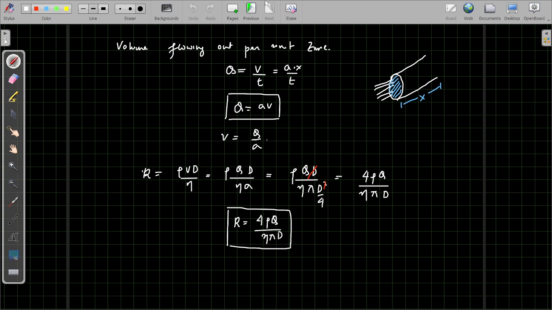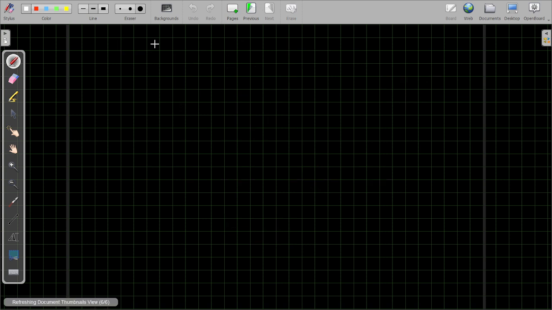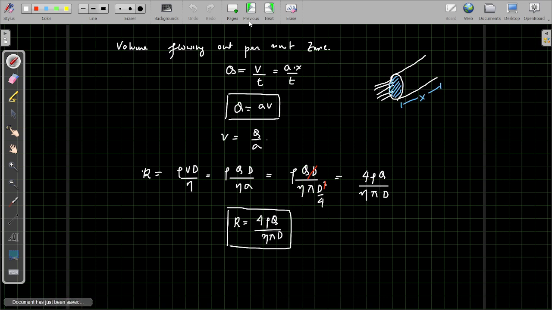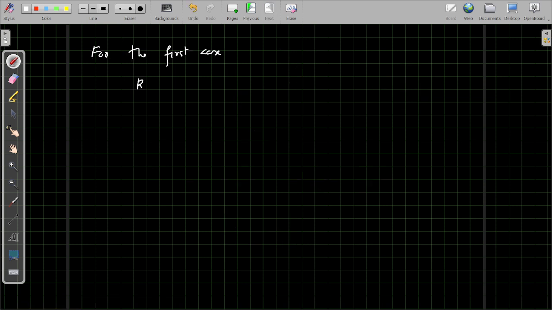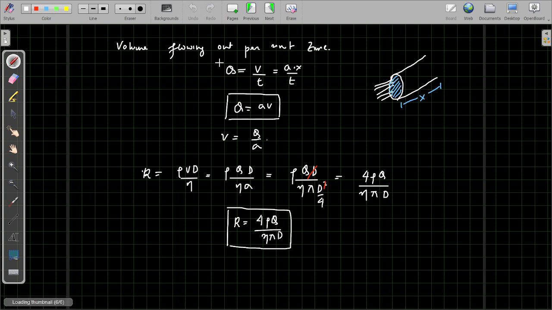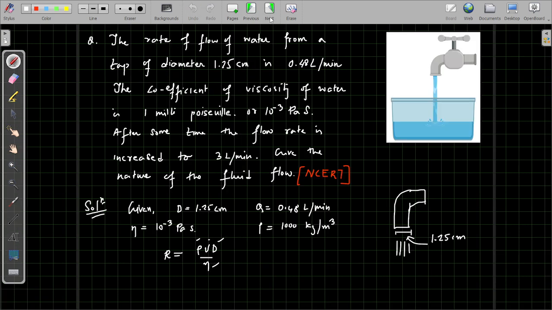So for the first case, now we can write R will be equal to 4 into density. Density would be 1000, into Q. Now Q is given to us as 0.48 liter per minute.